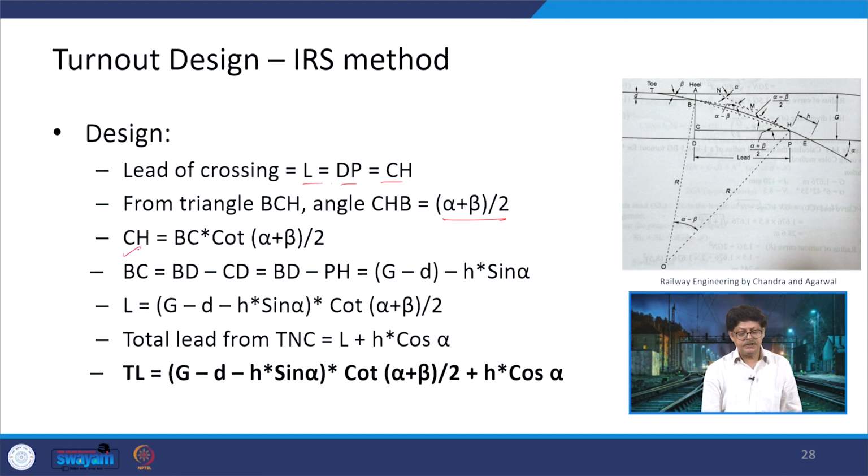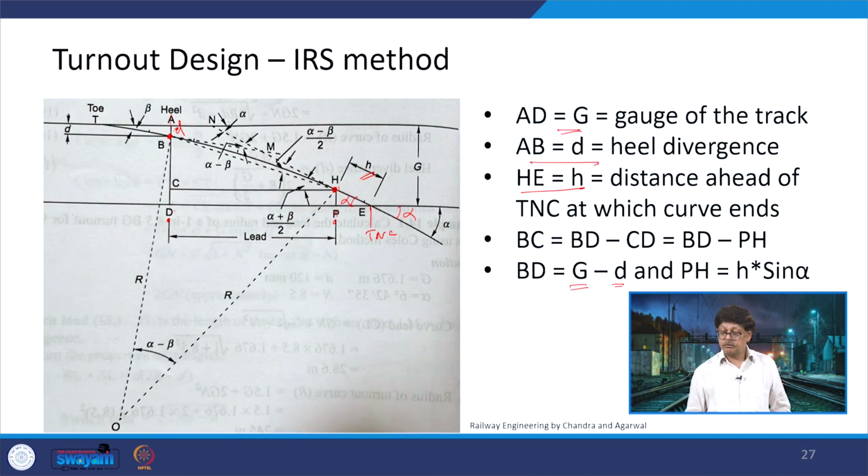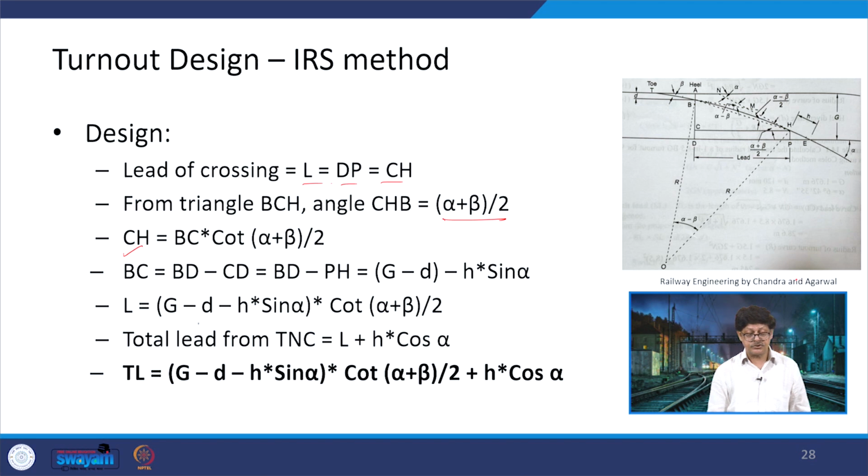So, we calculate CH as BC into cot of alpha plus beta by 2, and BC we have already calculated. BC was basically BD minus CD, so it is G minus d minus H sin alpha. So, CH is G minus d minus H sin alpha into cot of alpha plus beta by 2.